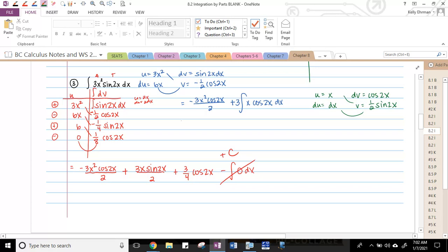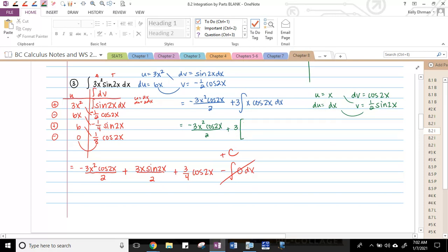All right, so let's look at that. First term is the same. There's a 3 out here. So when you do integration by parts again, the uv minus integral of v du, there's a 3 in front of each of those.